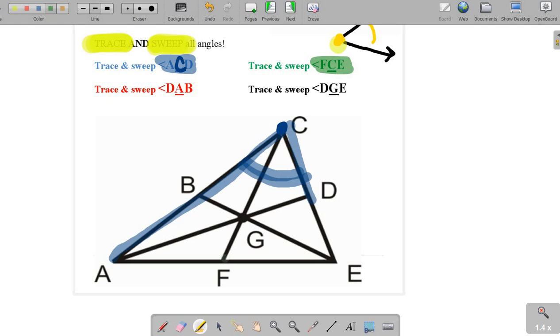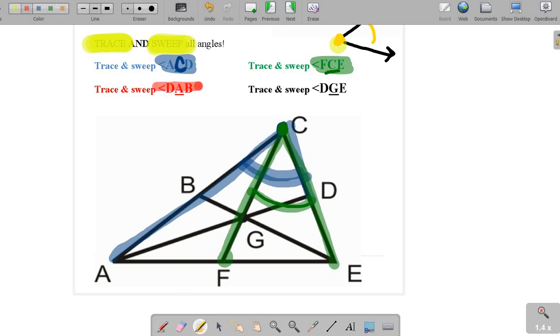So start at F, go to C, end at E, stop right there, and sweep. So angle FCE refers to this angle right up here. Again, notice the middle letter is the elbow of the angle.